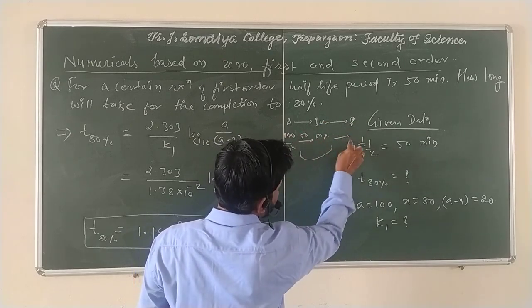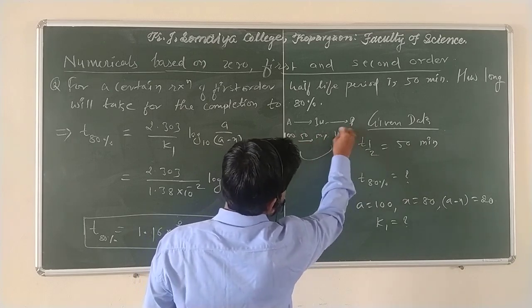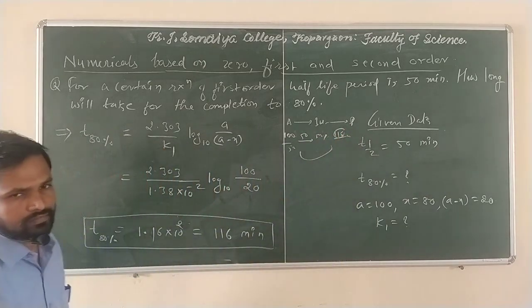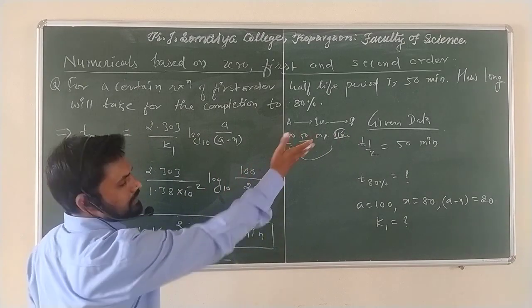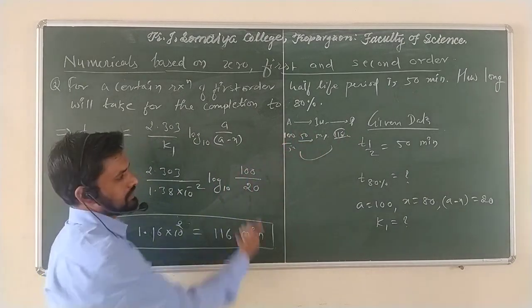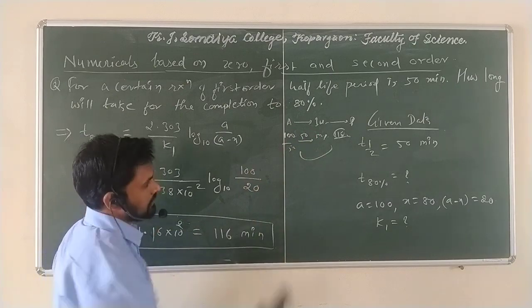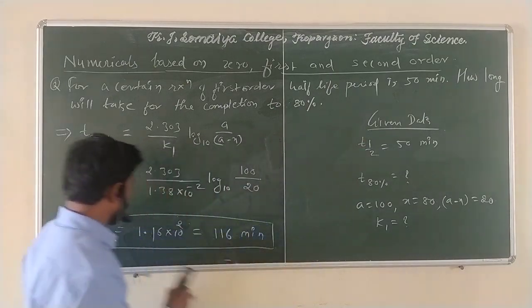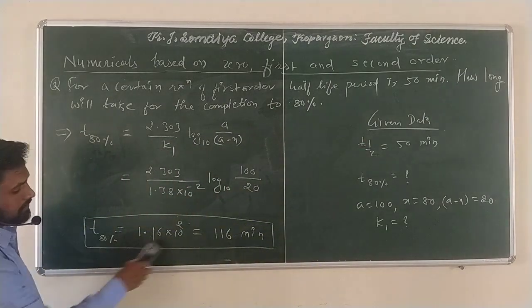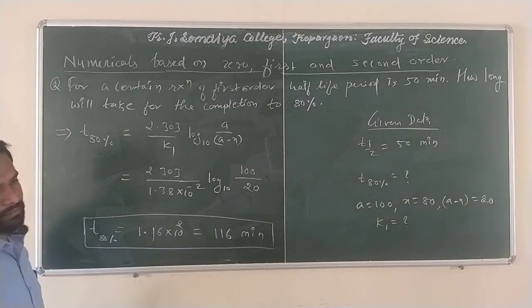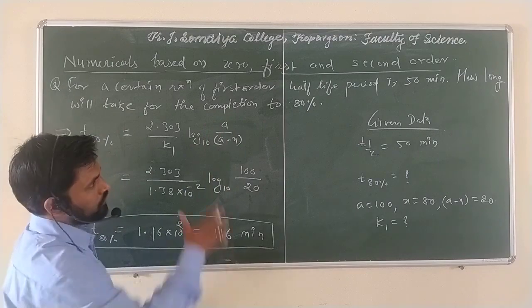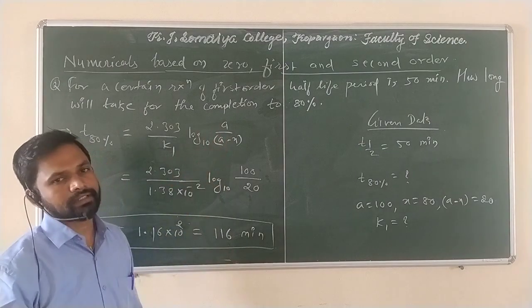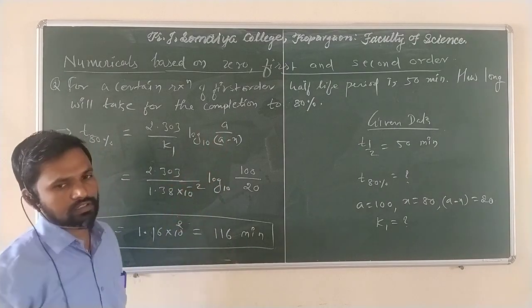For 80%, definitely from this to this you require a longer time. 50% complete होण्यासाठी you require 50 minutes. 80% definitely will require some higher time, that will become 116 minutes. I hope you understood. This is how the problem is calculated: from the given data you have to calculate the numericals. What is given and what we have to calculate.